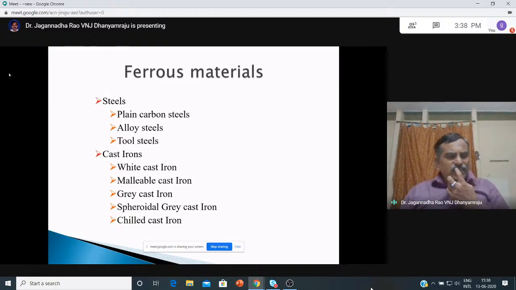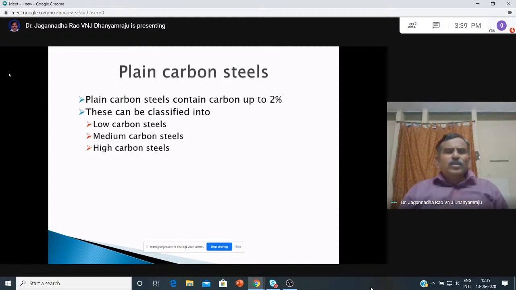So these varieties we will see. Of course, in GATE, normally you are asked to recognize the composition of a particular alloy or applications of a particular alloy, like that. So that is why this is important.